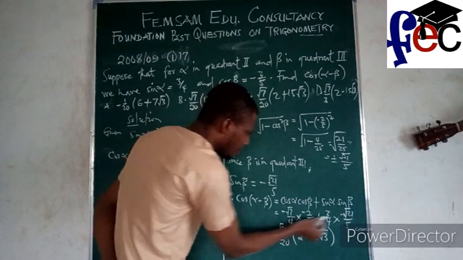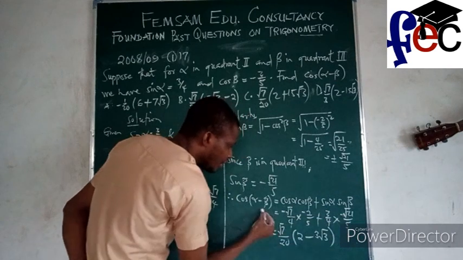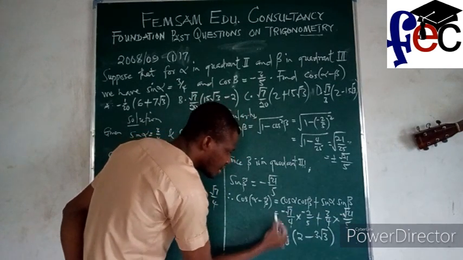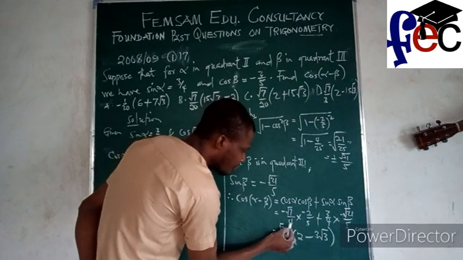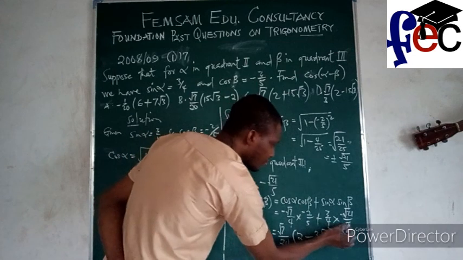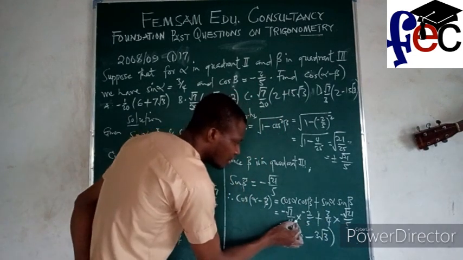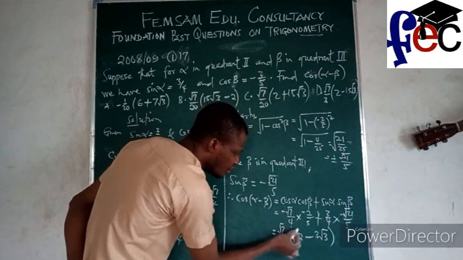So if I bring out the root 7 that is here and the one here, I'm factoring them out. Of course, minus times minus is plus. So when I bring out this root 7, on top of here, I'll be left with 2. 4 times 5 is 20. They are being separated by this addition. Okay? So the common denominator is 20. That's why I'm bringing root 7 over 20 out.